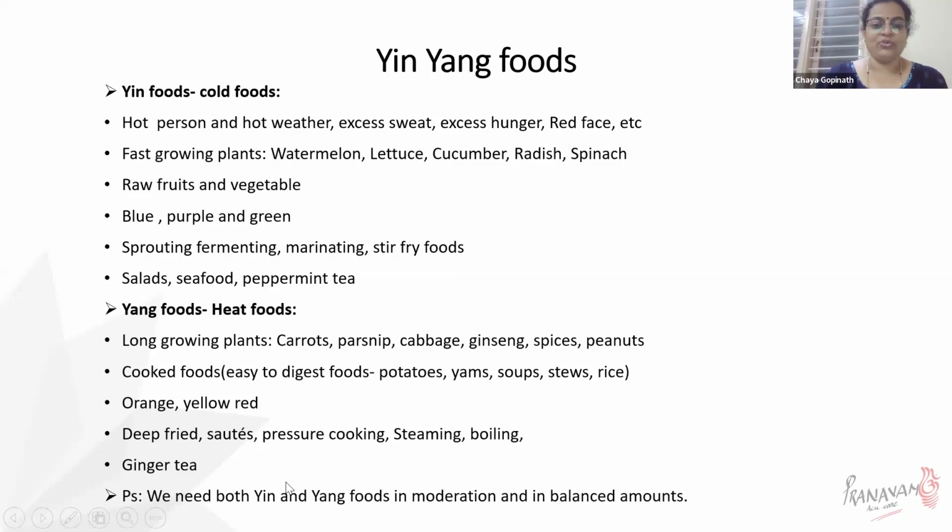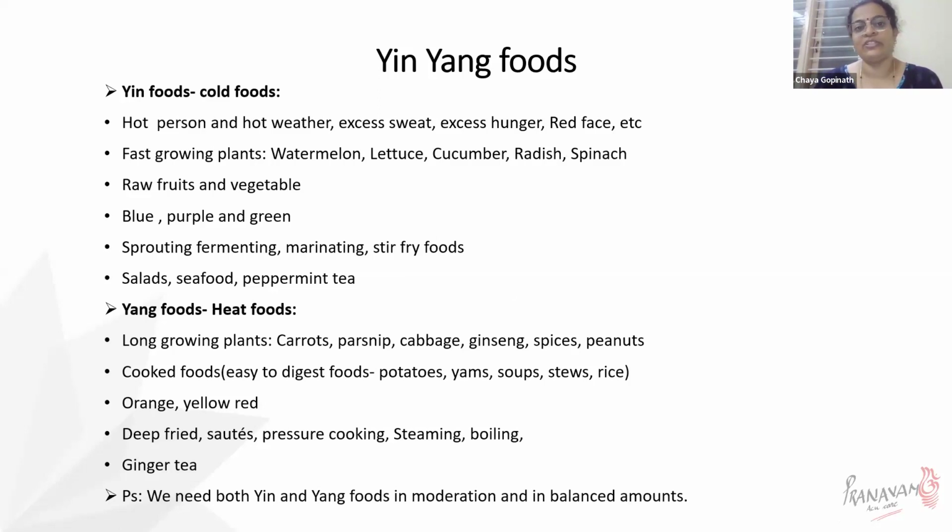So one thing we need to remember is, now that we know yin and yang, supposing you identify yourself to be a yin person and you realize that you need to have yang kinds of food. That doesn't mean you will have only yang kinds of food throughout the day, 365 days, 24/7. You will have predominantly yang kind of food, but you will also incorporate a little bit of yin.